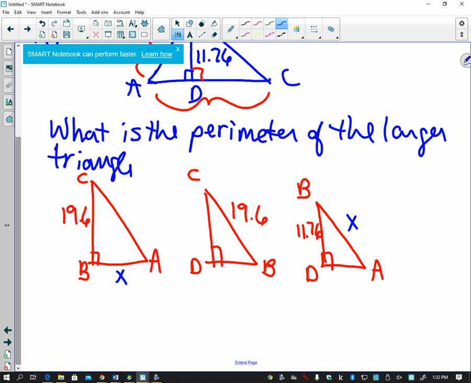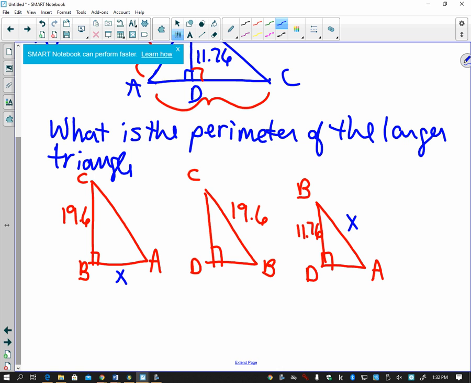Okay, so let's see if we can solve for X. Okay, we can do CB over BD. Does that make sense? Let's see. That may not be enough. And what else do we have that carries over as the same length? Don't have any CAs common.